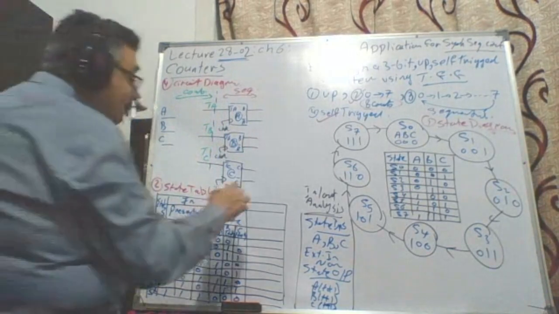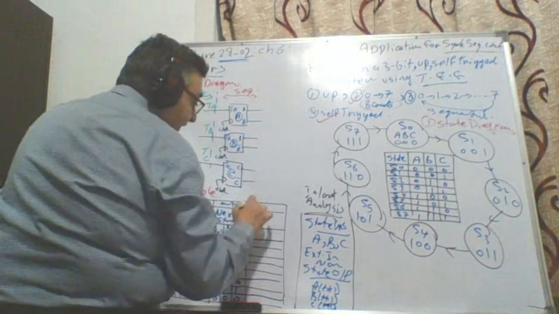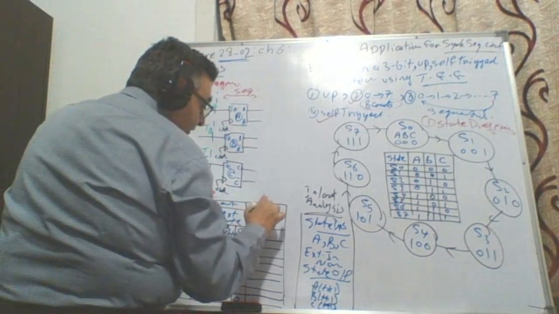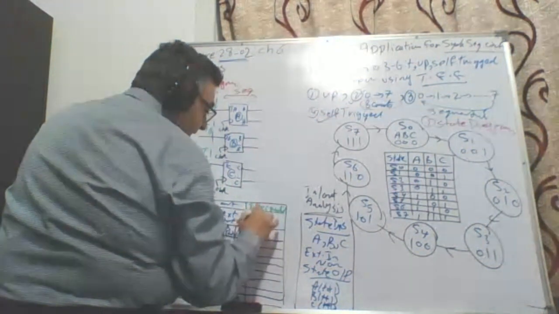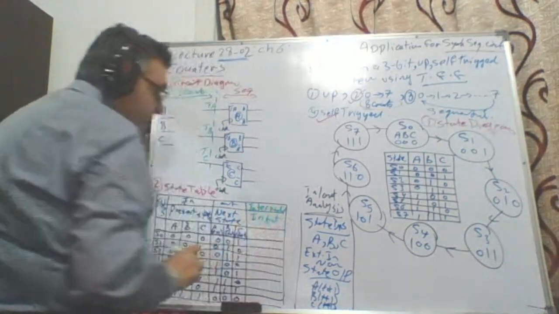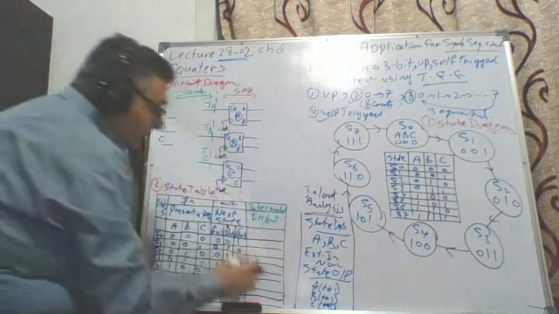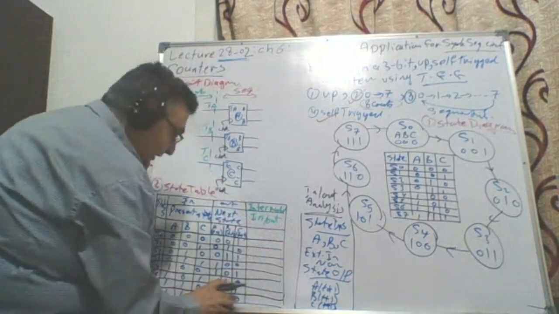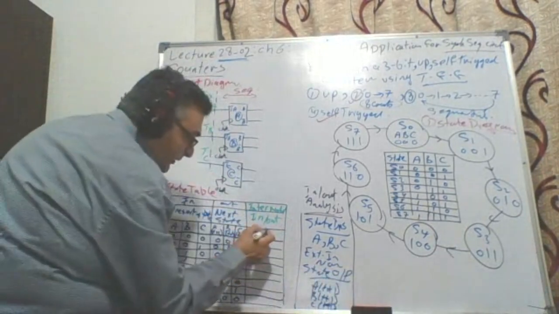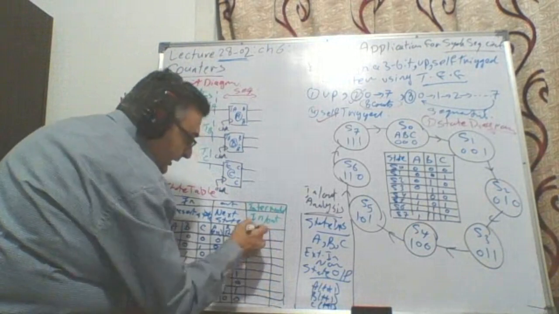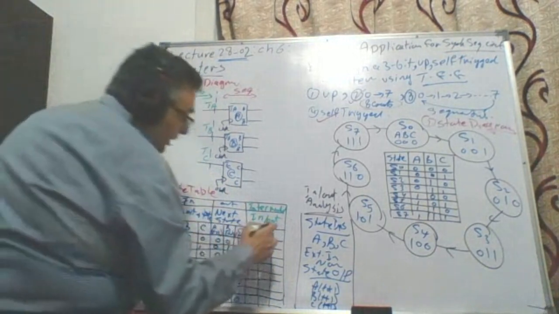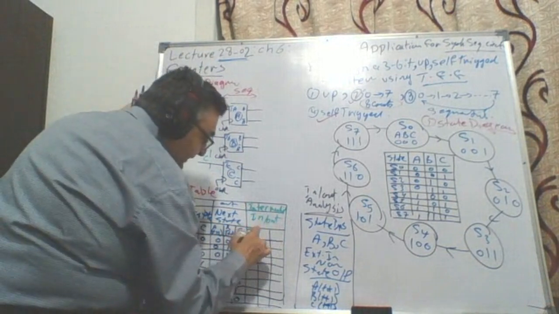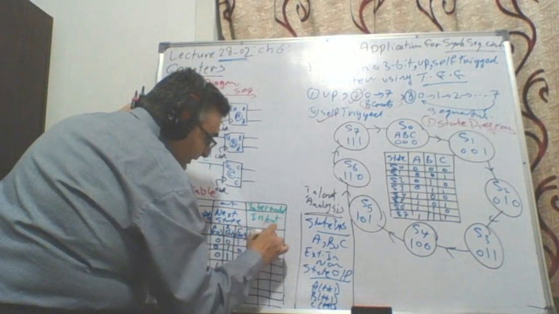So that means I need here the intermediate ins and outs. I need columns for my intermediate ins and outs, which are the 3 outputs of the combinational, which are the 3 inputs of the sequential, TA, TB, and TC.